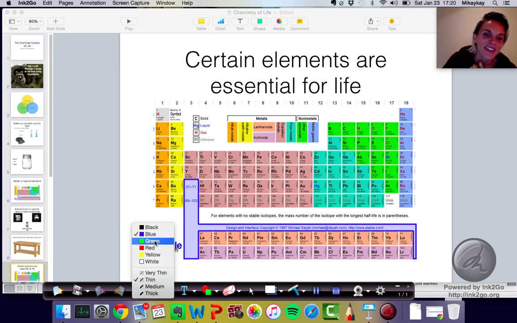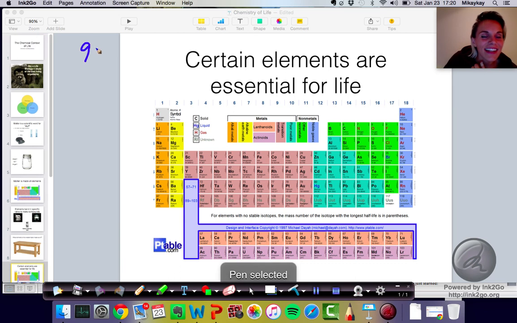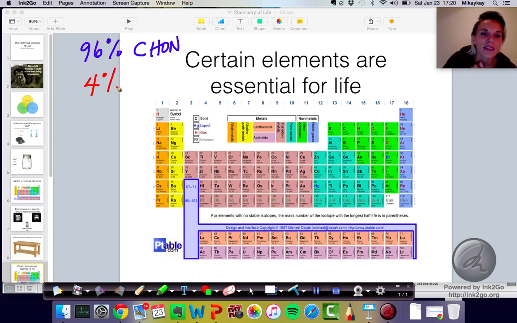Okay, so we have our 96% CHON. And now I used red, I think, for the other one, right? Then we had our 4% for the other 7 ones, right? And I could circle those for you, right? So we have sodium here, we have magnesium here, we have calcium, we have potassium, we have chlorine, we have sulfur, and where is the last one?